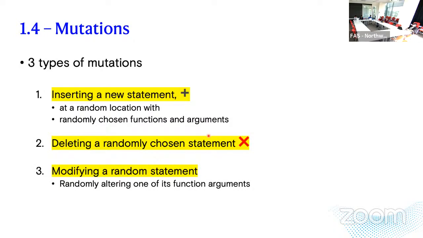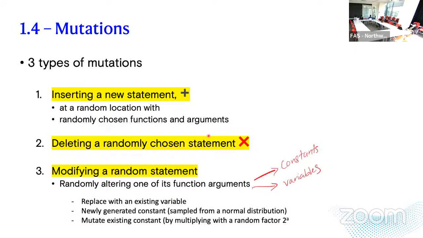The third is modifying a random statement, that is, by altering the arguments of the function. As we discussed, the arguments can be a constant or a variable existing in the program. When we talk about altering the function arguments, we can either replace with an existing variable, or we can generate a new constant.